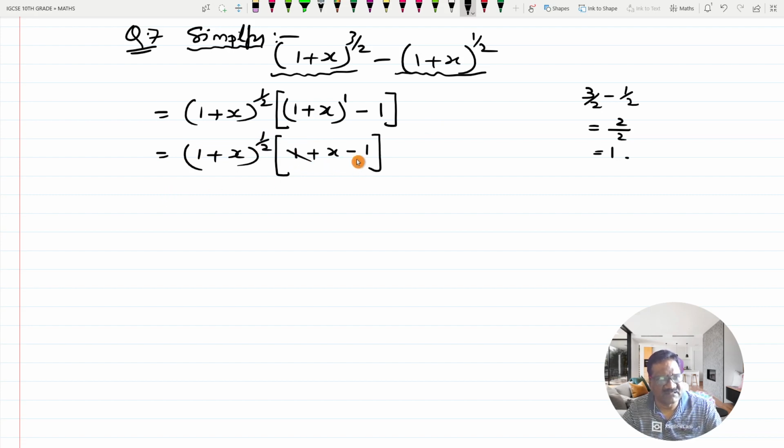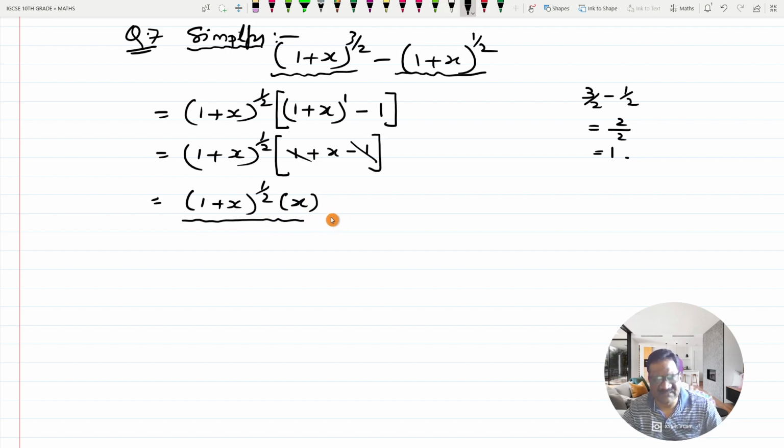Now what happens? This 1 and this minus 1 get cancelled and you are left with only x over here. So the answer will be 1 plus x raised to 1 by 2, and here you are left with just x. So this is your final answer. You cannot simplify any further.